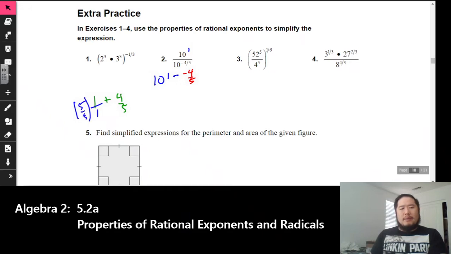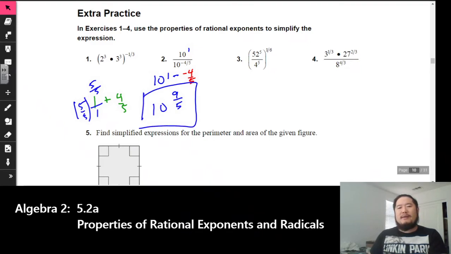I've got to multiply top and bottom by 5 to get my common denominator, and this becomes 5 over 5. Right? So 5 plus 4 right there ends up being 9. And then the denominator stays 5 because the denominators don't change. So let's go ahead and stick our base, and there you go. 10 to the 5/9 power is your answer.